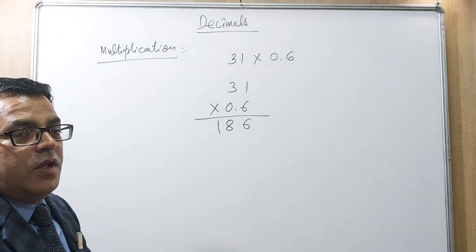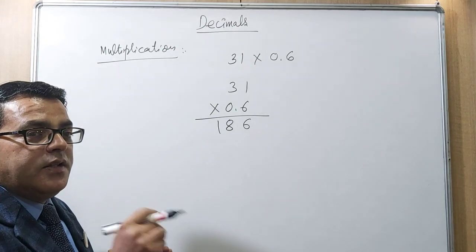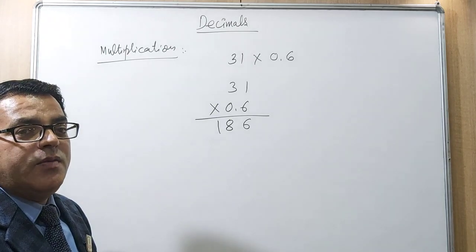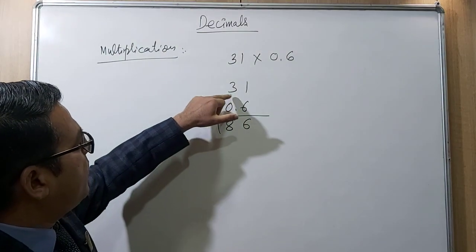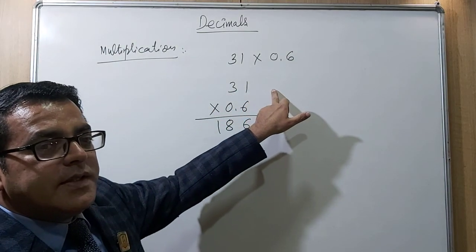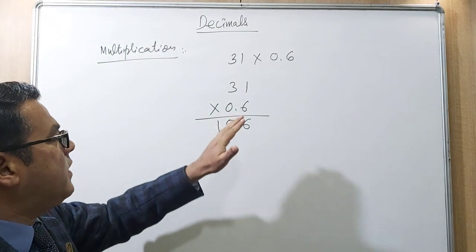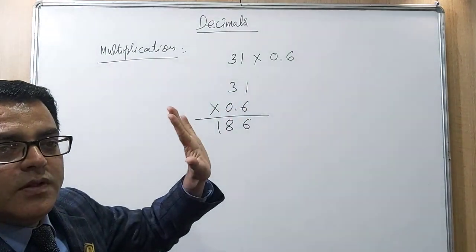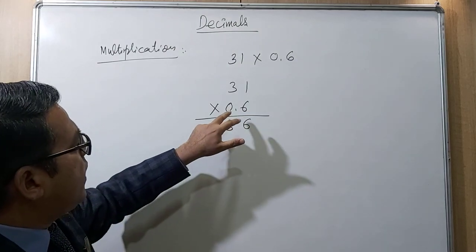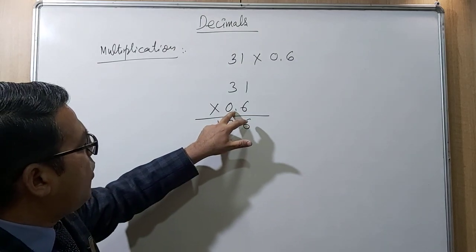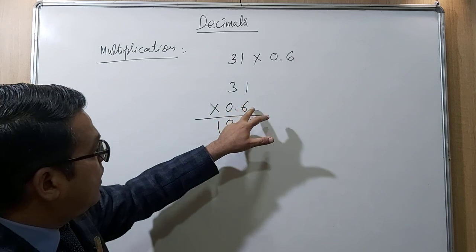Now, where we should write this decimal point? This is very, very important. You do one thing. You see here in first number, decimal place is not there. It means it has no decimal point. Okay, all right. Then just check second one. You can see that after decimal point, 6 is there.